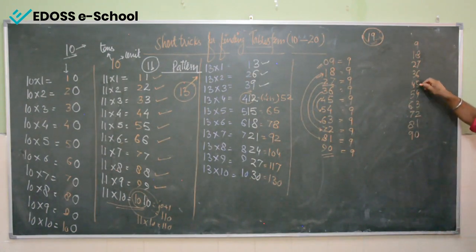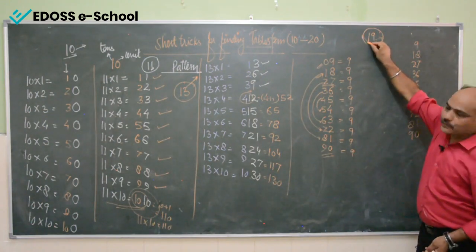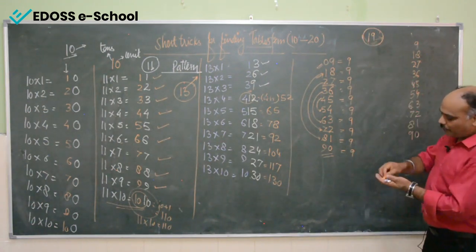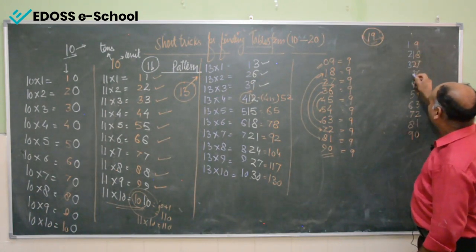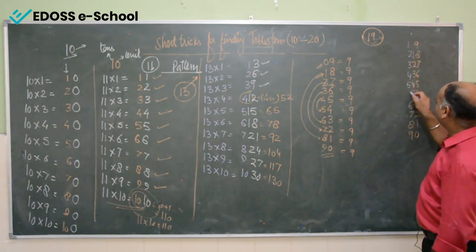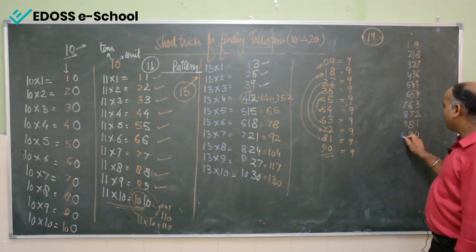Then 0, 1, 2, 3, 4, 5, 6, 7, 8, 9. Then 1, 2, 3, 4, 5, 6, 7, 8, 9. This is the table of 9. Now I have to introduce the table of 19. The tens digit will be equal to 1. Then we have to place 1, 2, 3, 4, 5, 6, 7, 8, 9 and 10.